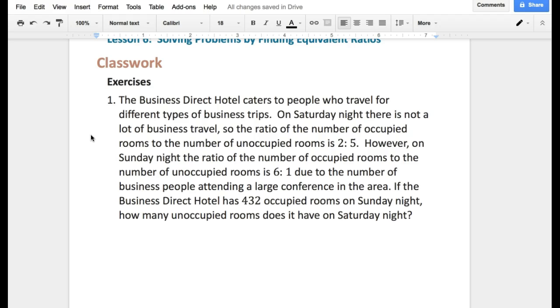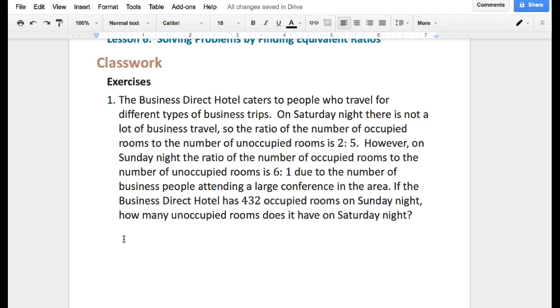What's this problem all about today? Okay, the problem is about a hotel and people staying there and the ratio of rooms that they stay in. So we always want to keep in our mind what our ratios mean.